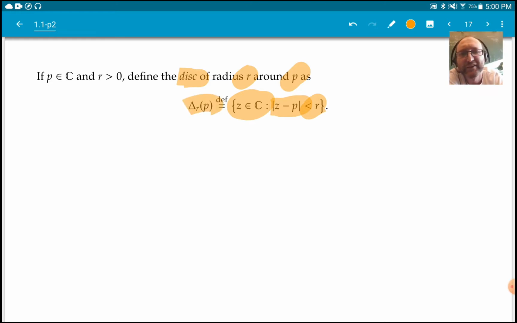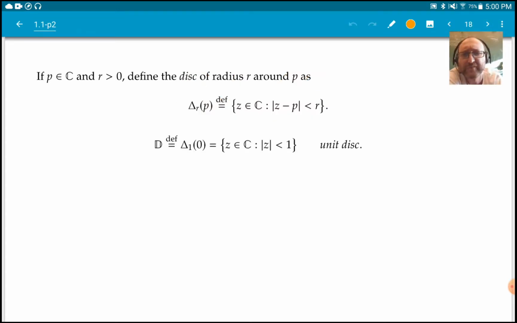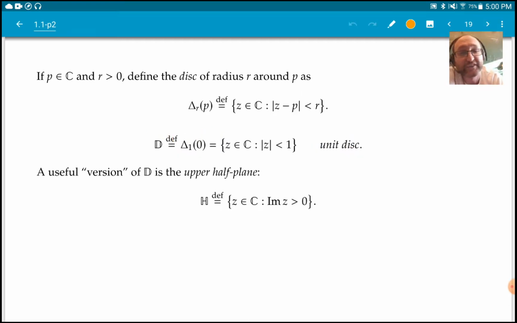We're going to write it like this: delta sub r of P. Now, a special disk is if P is 0 and r is 1. Instead of always writing this, we're just going to write it as D, blackboard bold D, and we're going to call it the unit disk. All right, so that's the unit disk.